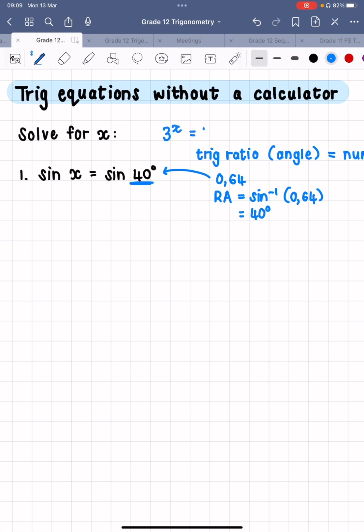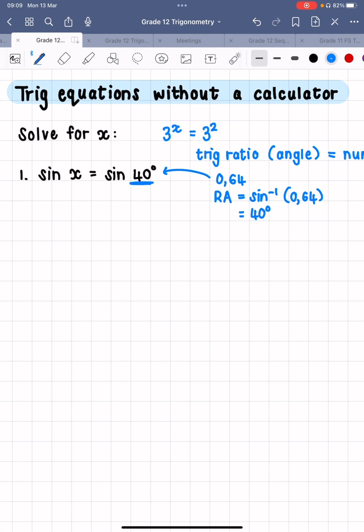If you had 3 to the x equal to 3 to the 2, what is the x value? 2. You can just see that by looking at the equation. You can see that for these two sides of the equation to be equal, x has to be equal to 2. Now, if we're looking at this equation, guys, sine x is equal to sine 40. Does it make sense that x has to be 40?